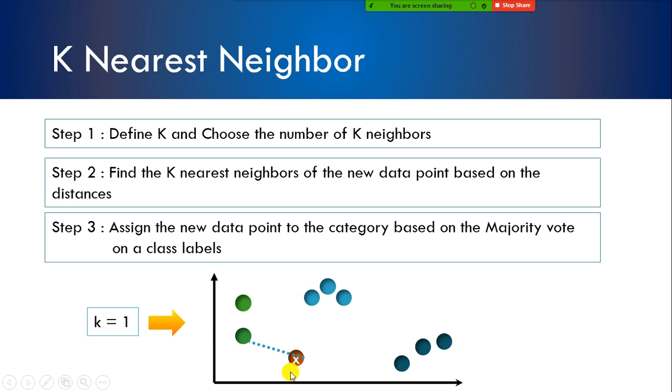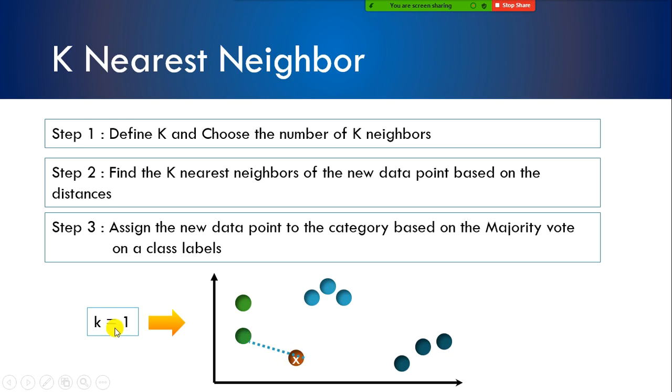Now a new instance came in, let's say this is a brown colored one. The algorithm has to classify this new instance. In order to classify it, it has to compare with the nearest neighbor.